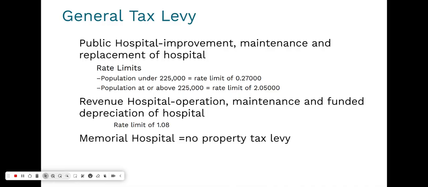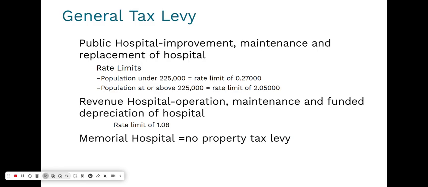But again, for general levy, this is for the general operations of the hospital. For a public hospital, it's for the improvement, maintenance, and replacement of the hospital. And again, for most folks, it's 27 cents per thousand, but for Broadlawns, it is $2.05. For a revenue type hospital, this would be for the operation, maintenance, and funded depreciation of that hospital with a levy rate of $1.08 per thousand.